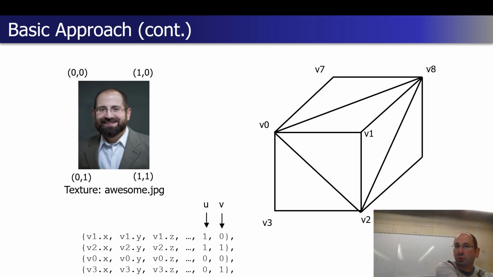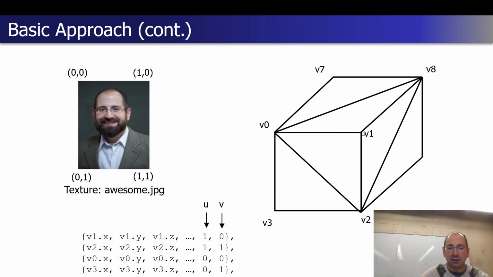As you're specifying your positional attributes, you're also specifying your texture coordinates corresponding to that. So if this was a quad that we were rendering as part of a cube, V1 is here, then we specify V2, V0, V3, so some sort of triangle strip to specify our quad. Those are our positions.